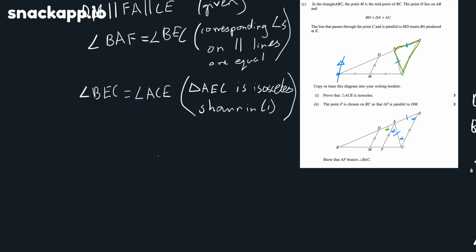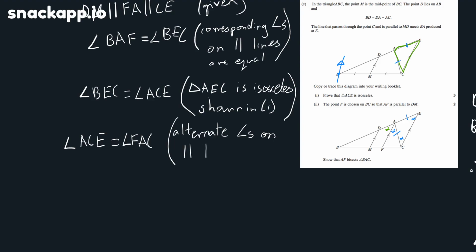Then the next leap, I went from down here to up there. The way I did that was I said that angle ACE is equal to angle FAC because alternate angles on parallel lines are equal.